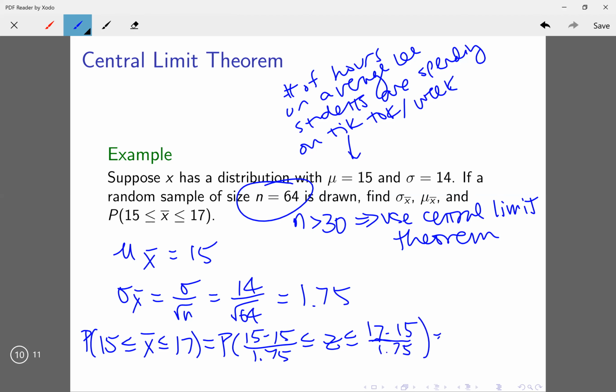All right, so almost done. And right here, I believe what we get is 1.14. Okay, this is 1.14.